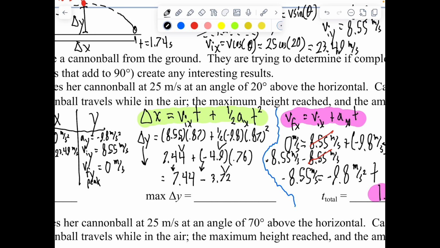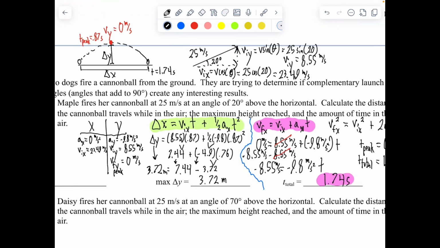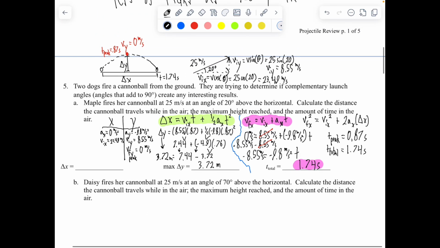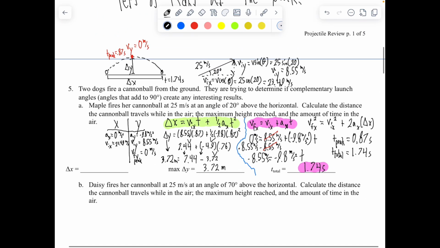And we get 3.72. Of course, we know our units there are meters. So that maximum height, 3.72 meters.